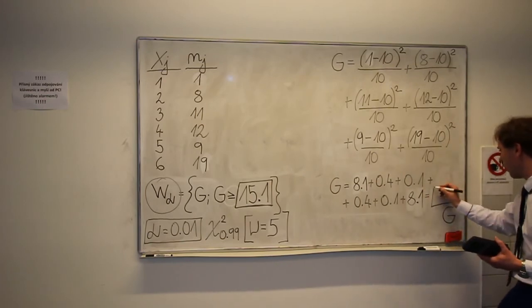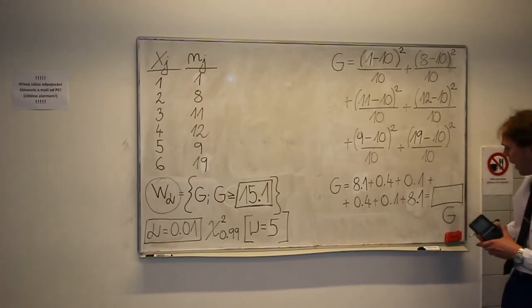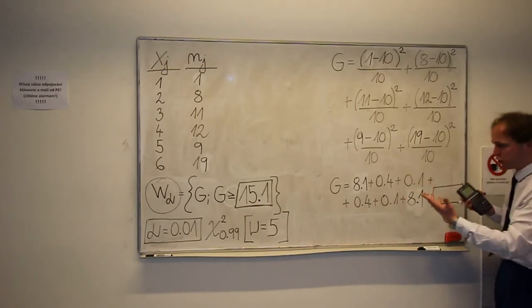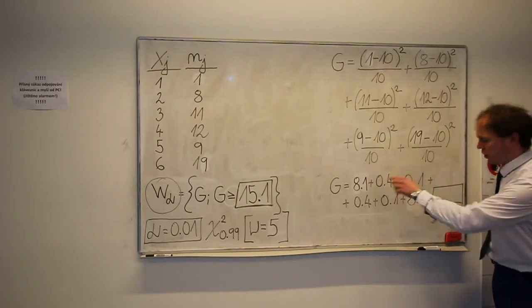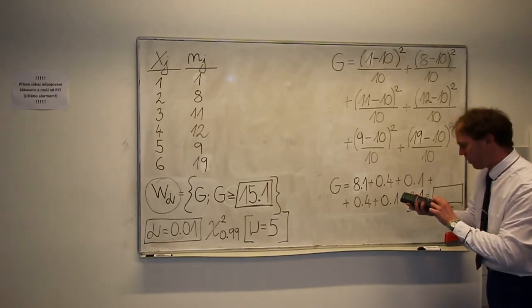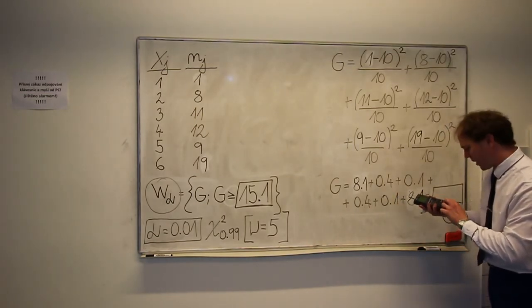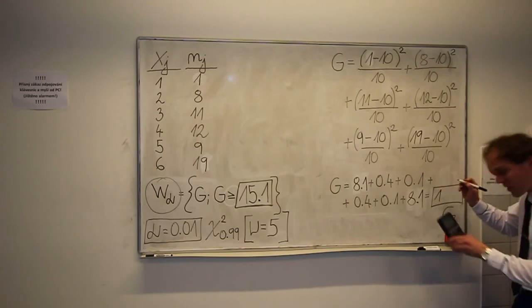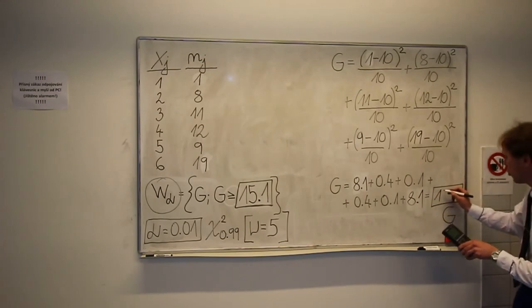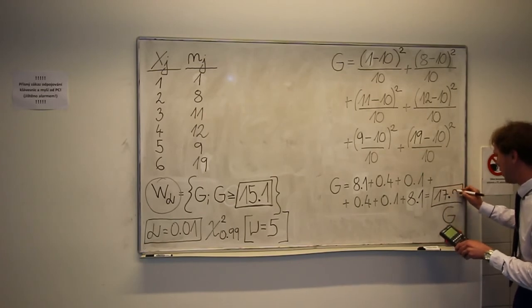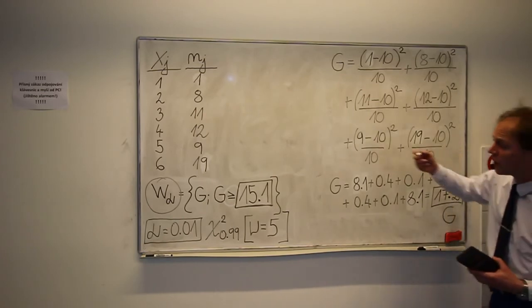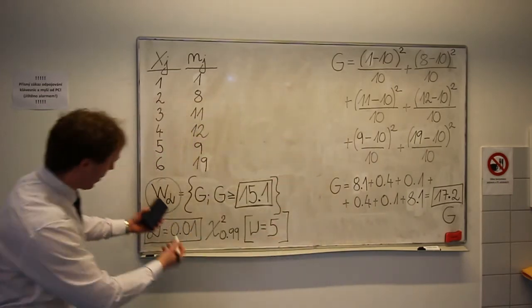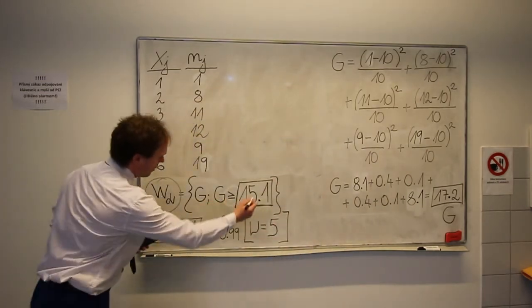So we can calculate the modified value of G: 8.1 plus 0.4 plus 0.1 plus 0.4 plus 0.1 plus 8.1. And the result, instead of 1.2, is 17.2.